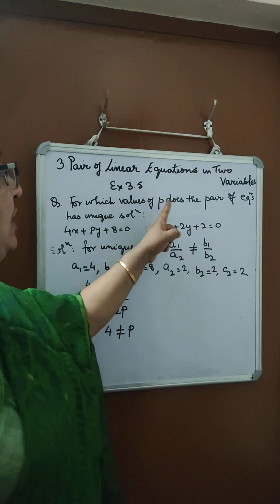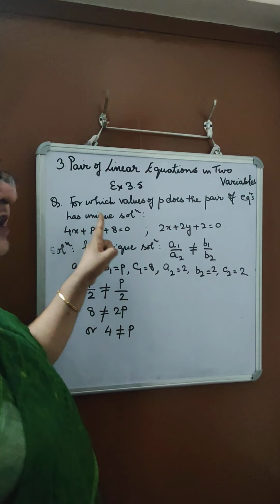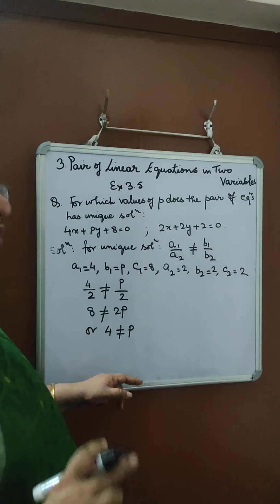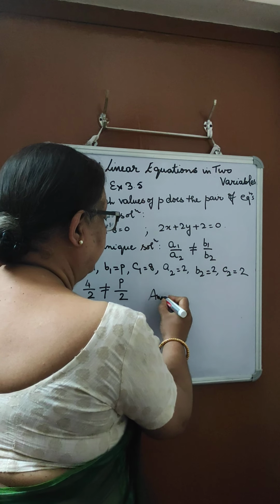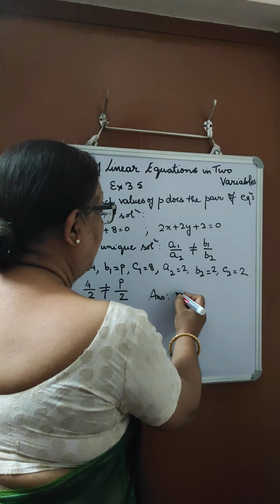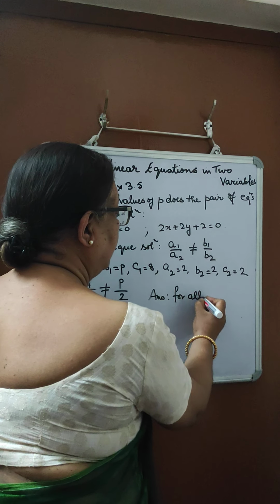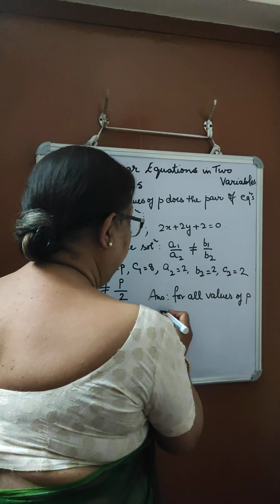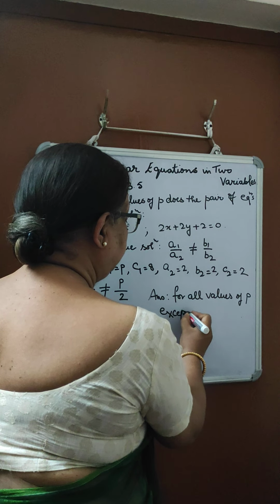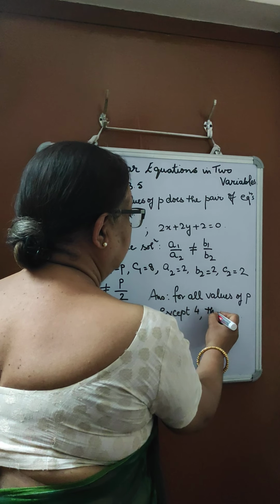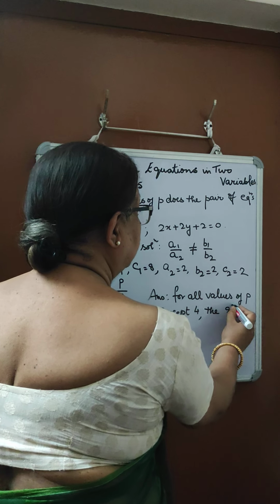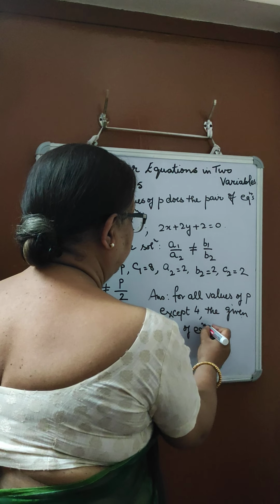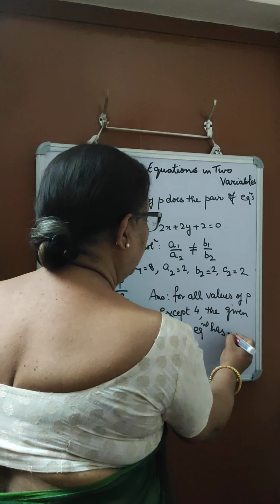Our question is, for what values of p does the pair of linear equations have a unique solution? What value of p? We are getting p is not equal to 4. So what will the answer be? For all values of p except 4, the given pair of equations has a unique solution.